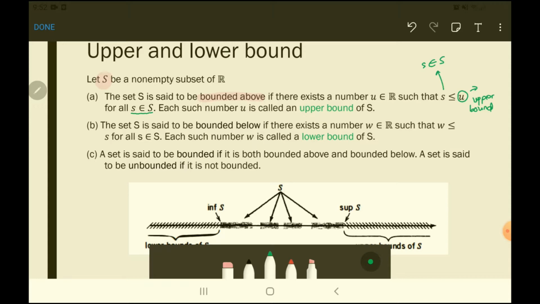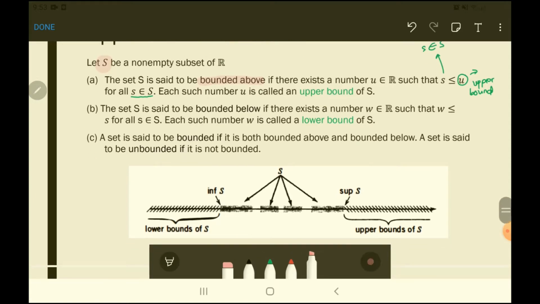You can see in the picture below, the part that I shaded red is the set S. In this set we have elements which we call small s.